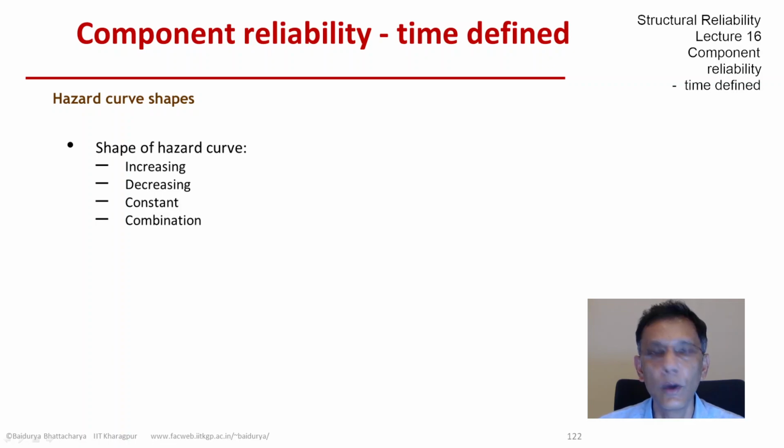One example that we're going to look at the end would be what is known as the bathtub curve, which features all three that you see in the top: increasing, decreasing, constant. So first, let us take a look at the constant hazard curve or the constant failure rate function.